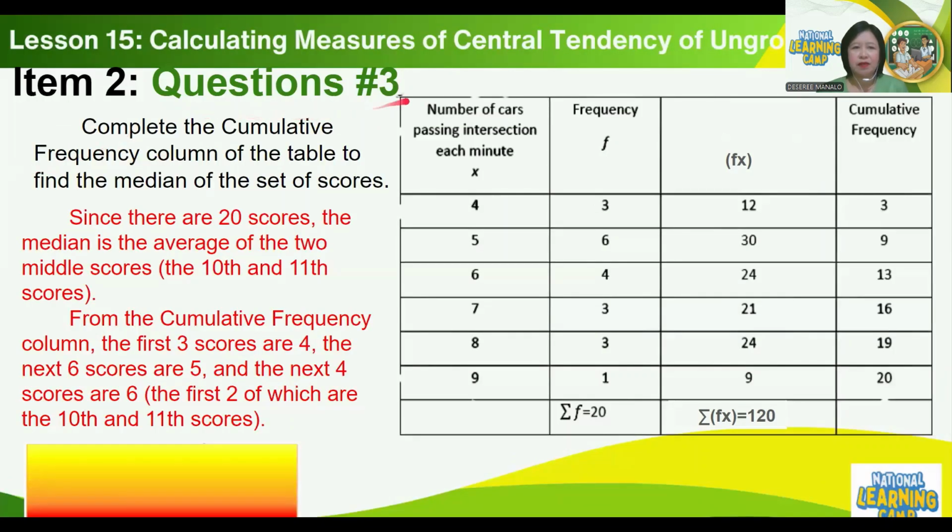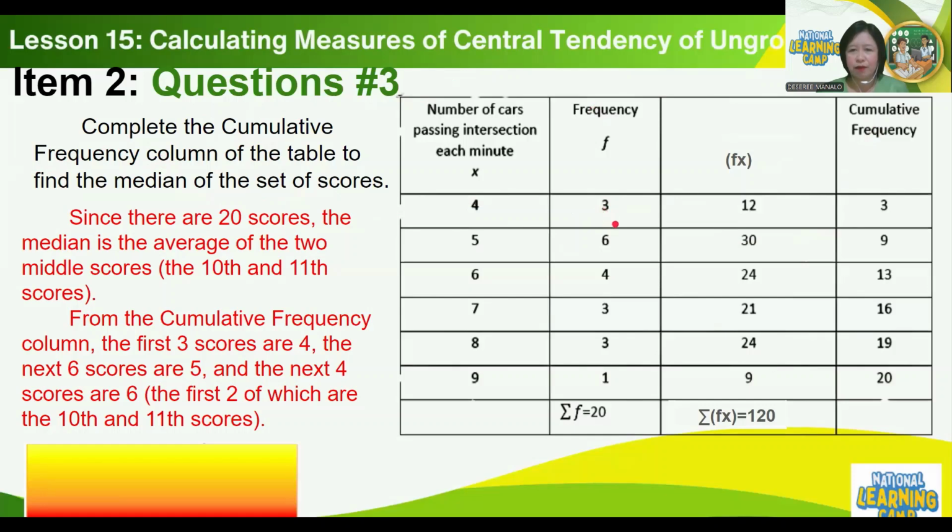For item 2, question number 3. Complete the cumulative frequency column of the table to find the median of the set of scores. So we need the cumulative frequency to find the median of these scores. How are we going to get the values in cumulative frequency? Look at the frequency.